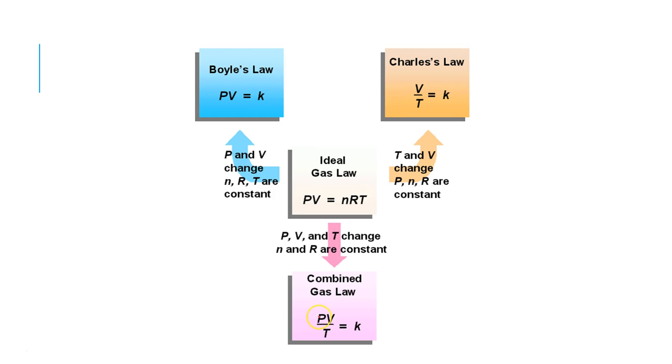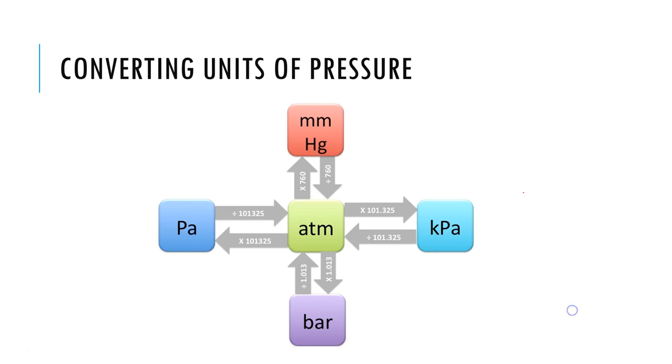So PV over T is equal to a constant, and PV on NT, keeping our number of moles of gas constant as well, is going to equal the universal gas constant. For a fixed amount of gas, we can remove N from this equation, and PV on T will always be equal for the same amount of gas.